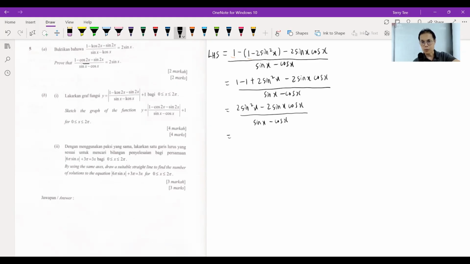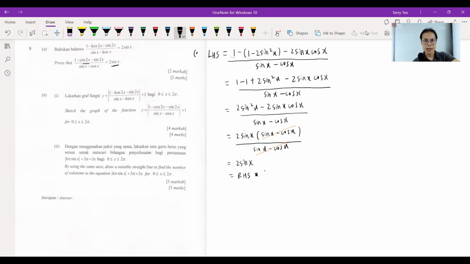As we can factorize this, we can take out 2, we can take out sine. This will be sine x minus cos x over sine x minus cos x. The good news is we can now cancel these two, and I'm left with 2 sine x, which is the same as my right-hand side.